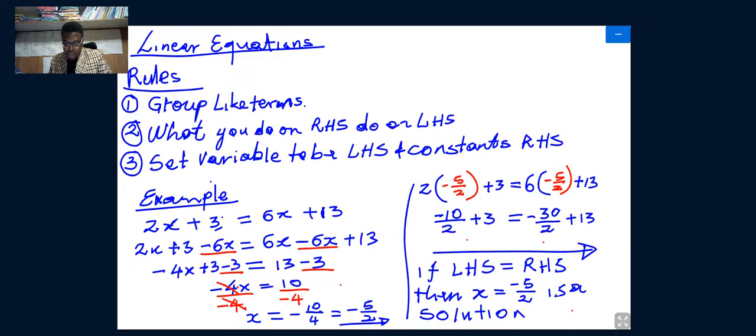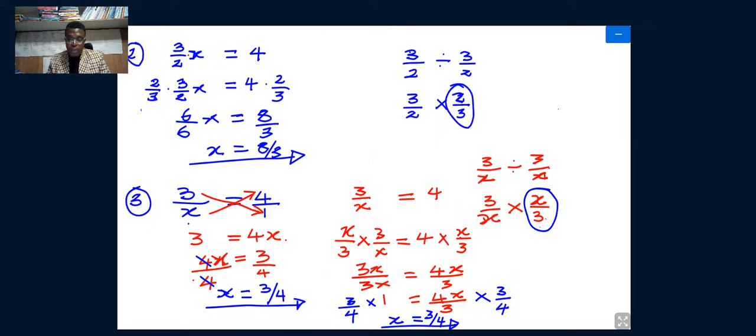On the previous problem, we did the opposite action. Are we going to do the same thing here? Yes. We'll do exactly the same thing. We have 3 over 2. We will divide it with 3 over 2.